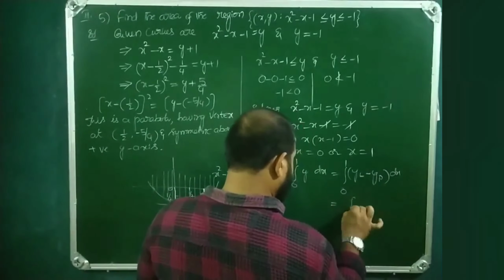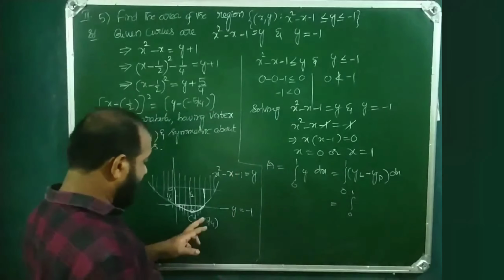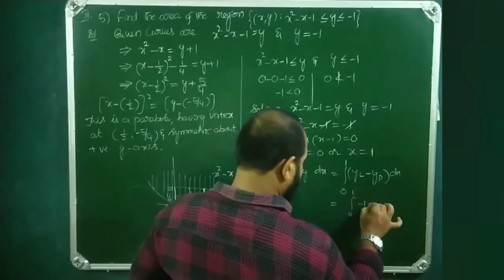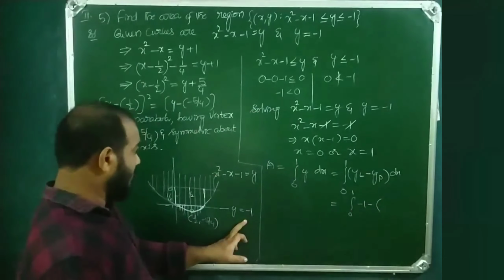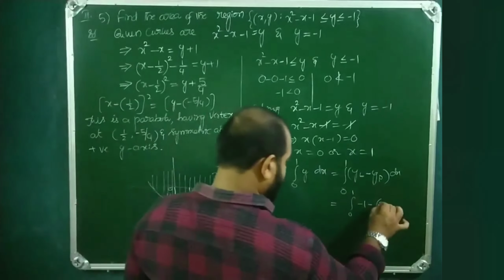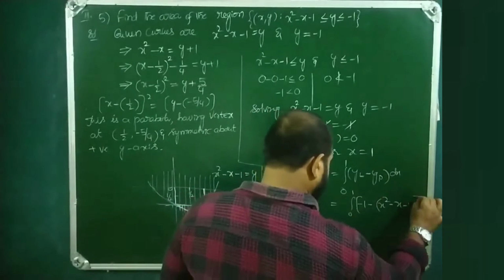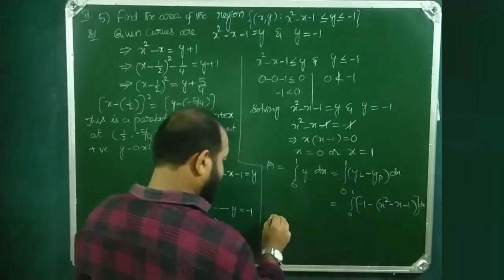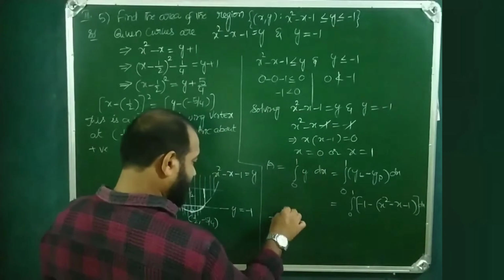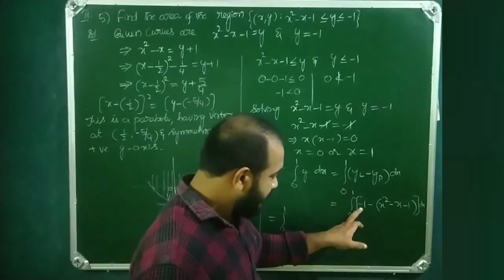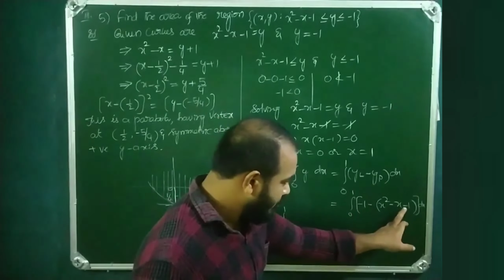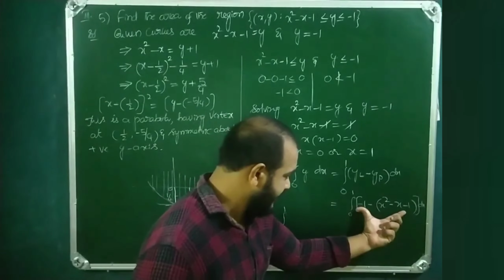This is equals to the integral from 0 to 1 of the line y equals to minus 1, minus of the parabola x square minus x minus 1, whole dx. This is minus 1, minus into minus plus 1. Both get cancelled.